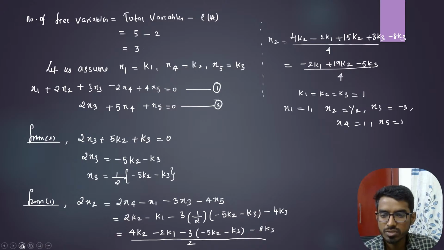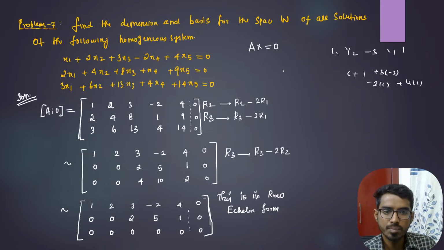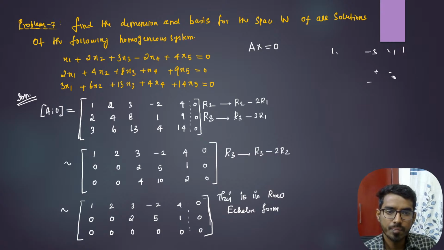Sorry, x2 is 3 actually. I'm just checking whether I'm doing correct or not. If you are confident, you can stop here and get the answer. I'm just checking whether the solution is correct or not. I take k1, k2, k3 to be equal to 1, so x2 turns out to be equal to 3.